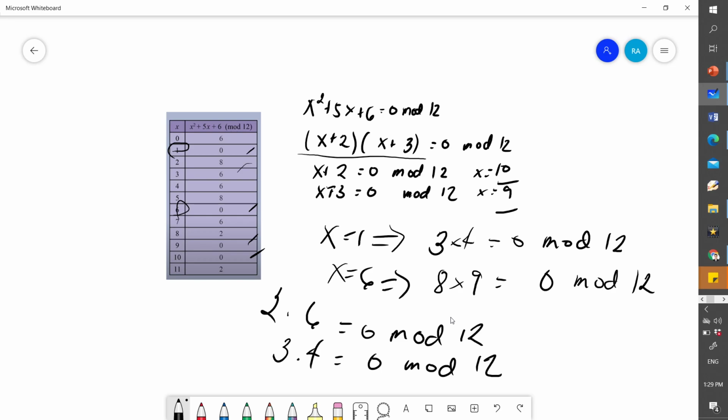So we say the integers mod 12 have zero divisors. Okay, so we now see the culprit. Working mod 12, it's possible to multiply two non-zero numbers together and get zero. Again, we say that the integers mod 12 have zero divisors.